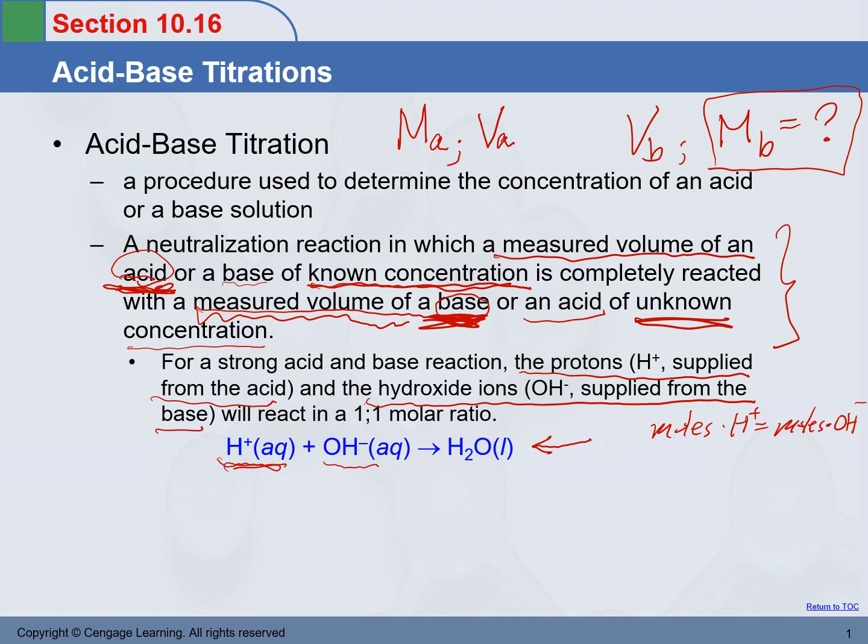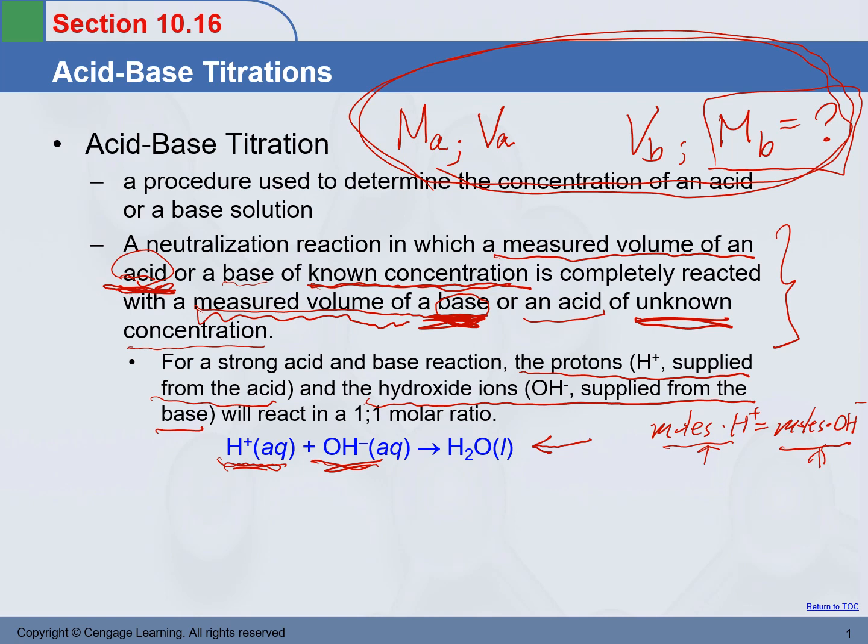They are reacting in a 1-to-1 ratio. Well, how can we get the moles of protons, the moles of hydroxide? How do we translate this equation into an equation in which all these variables are involved? How can we do that?